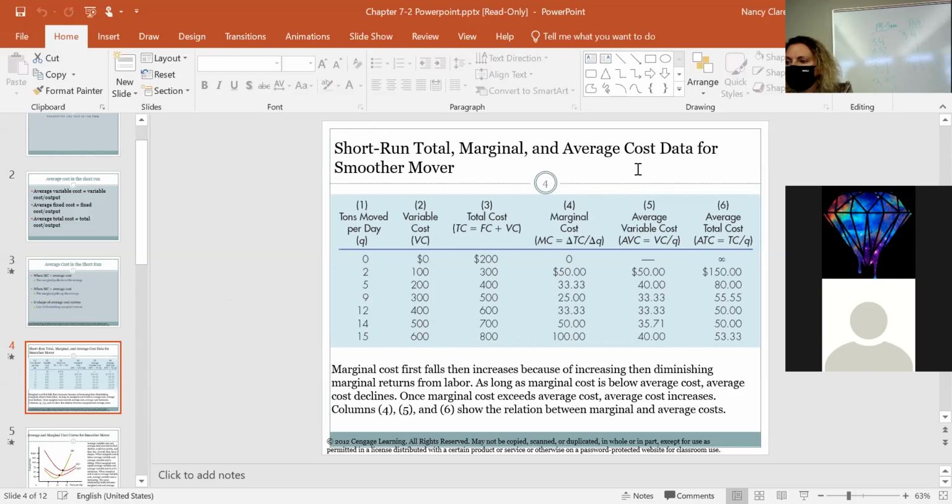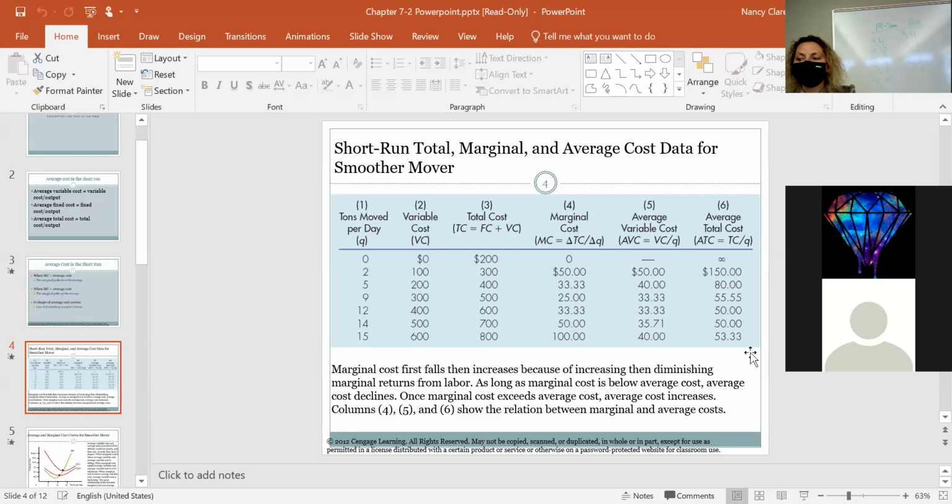Then the next thing I'm going to ask you to do on your worksheet is to graph these 3 curves. I'm going to ask you to graph marginal cost, AVC, or average variable cost, and ATC, or average total cost. These are the curves that you will see over and over and over again in this class for the next 3-4 chapters.